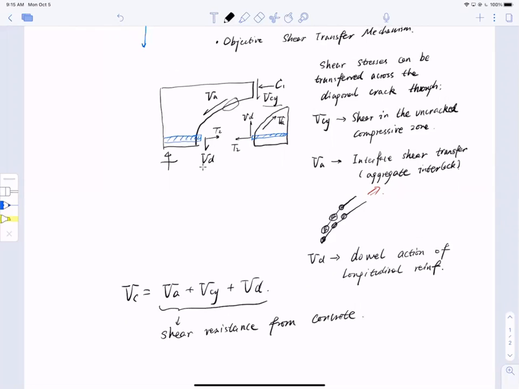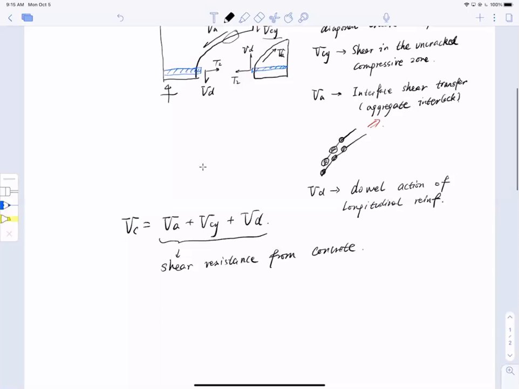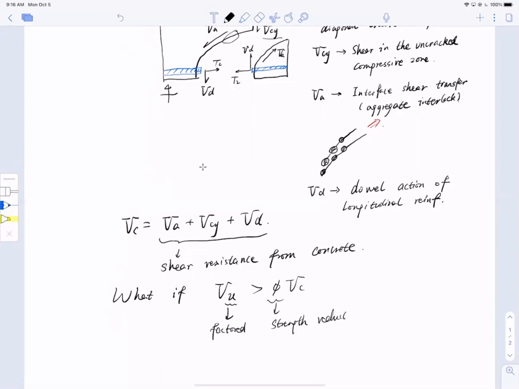Okay, all right. But what if the applied shear VU, remember, this is factored shear, is greater than phi VC, where phi is the strength reduction factor for shear?